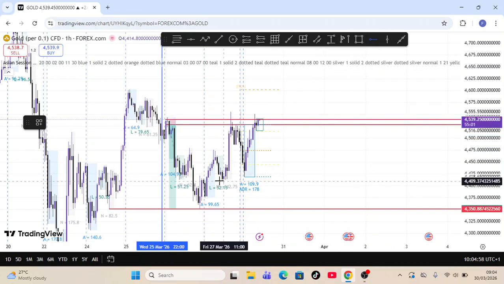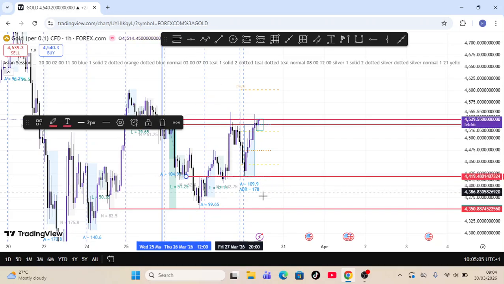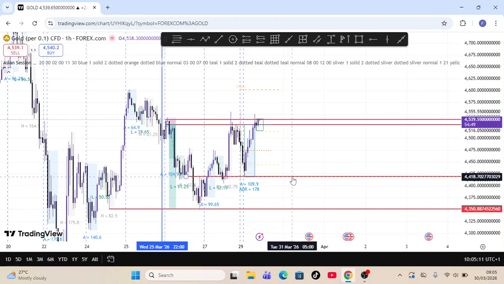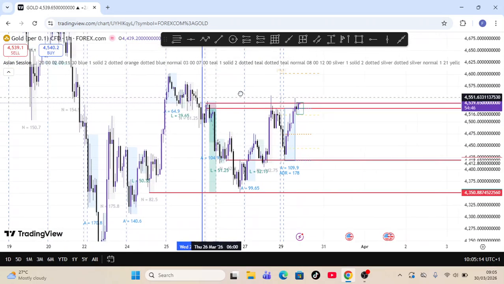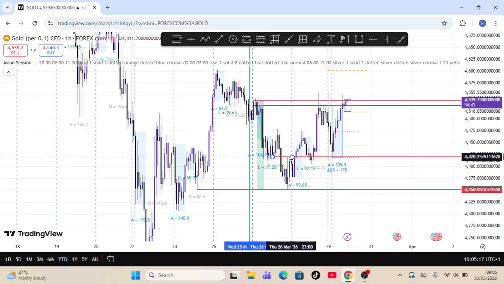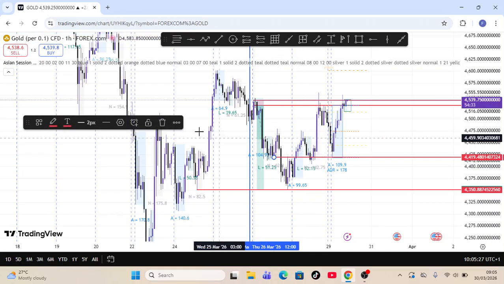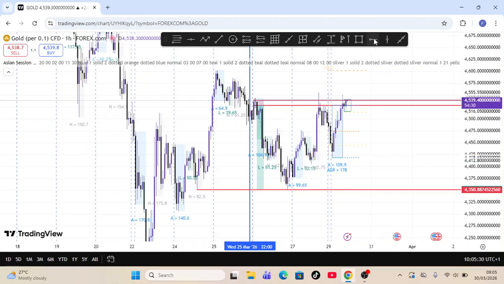Sweep. You can see there was a week to week sweep over here.